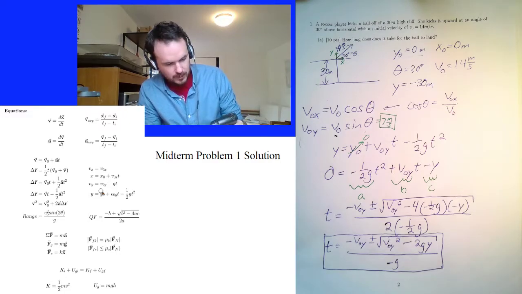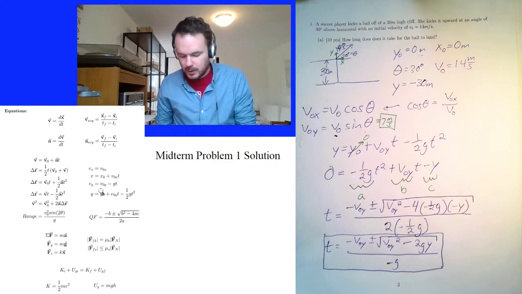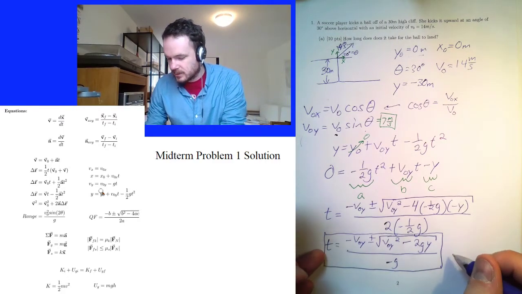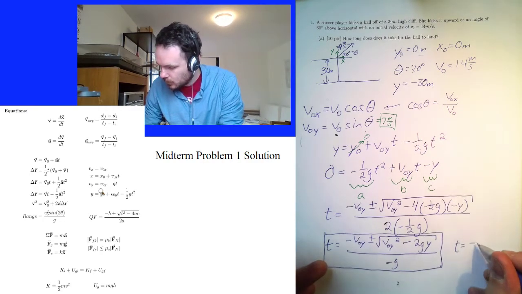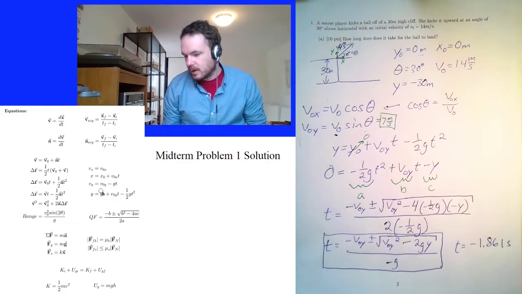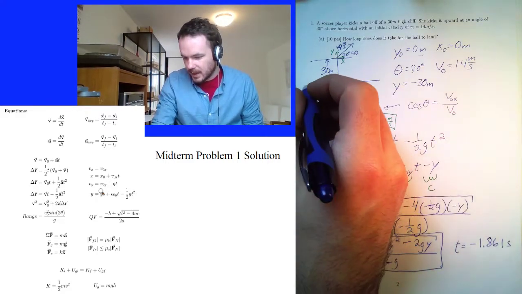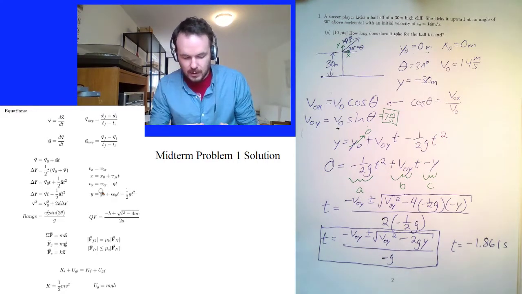So you have to be pretty careful with all your negative signs here. Okay, I get 1 point. So this time was negative 1.86 seconds. So clearly that's not the time that we want. That's the time back in time before she kicked it, where it would have been at negative 30. So that's sort of the nonsense answer.